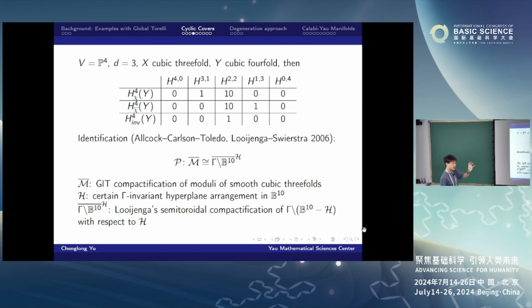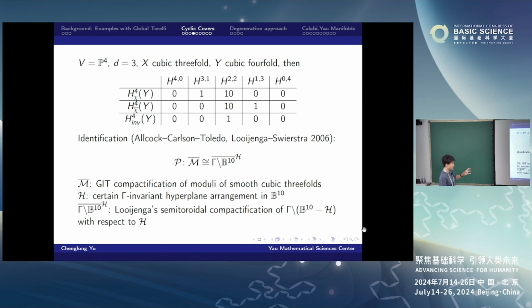So if you consider the dimension on both sides, the dimension of the source and the dimension of the target are not the same. The hyperplane arrangement will have a higher dimension. So in this case, you first need to blow up the Baily-Borel compactification. It is called semi-toroidal, an analog of toroidal compactification.